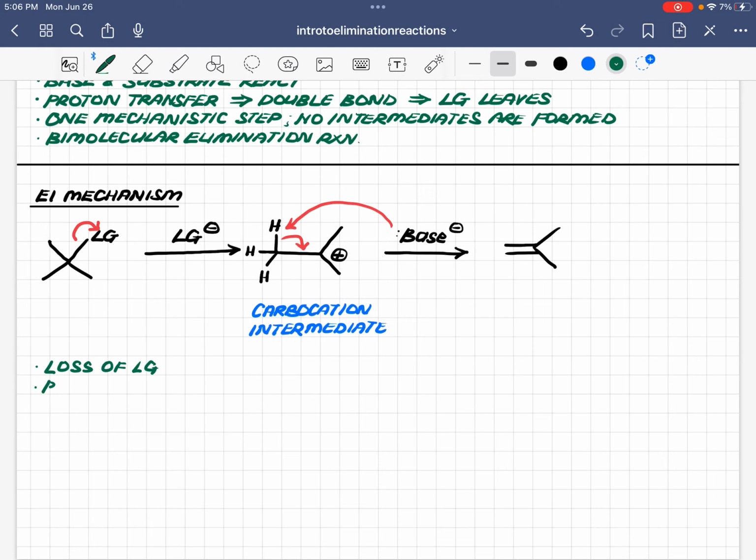We have the loss of a leaving group, which forms a carbocation intermediate.